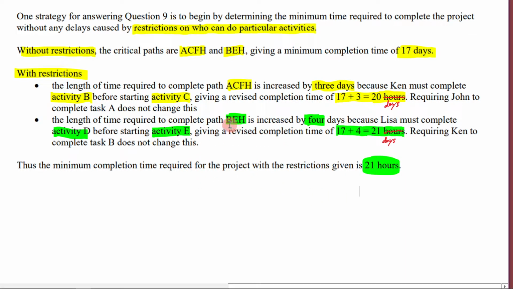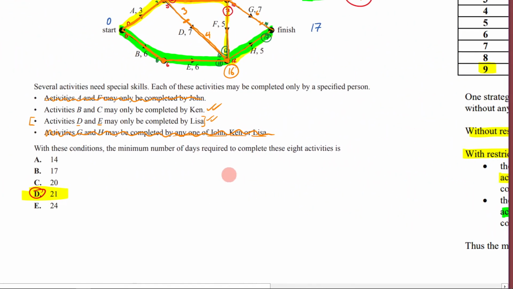To talk about this green part for a while, notice that it says Lisa must complete activity D before starting activity E, and that was 17 plus 4. And that's exactly what we said over here.